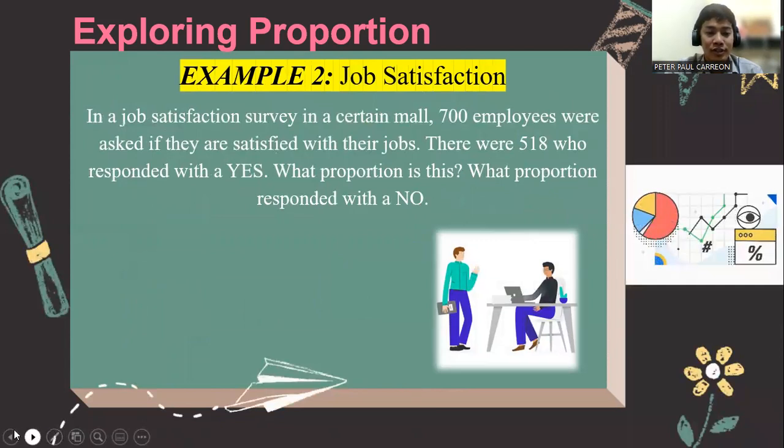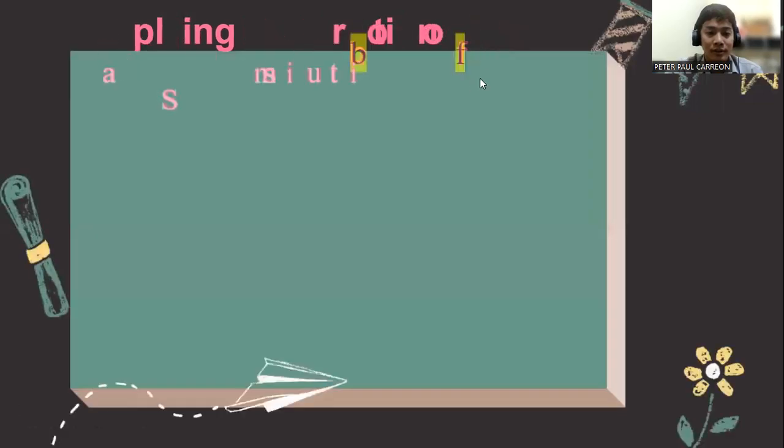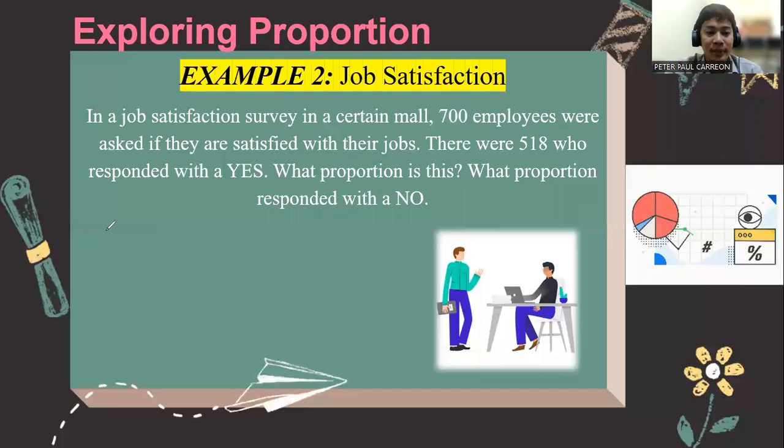To answer that question, again, we represent p hat as the sample proportion of a favorable response, or those who said yes, they are satisfied with their job. That is capital X, 518, divided by the total number of employees, which is 700. Using your calculators in 2 decimal places, you'll get 0.74, which is also equivalent to 74%.